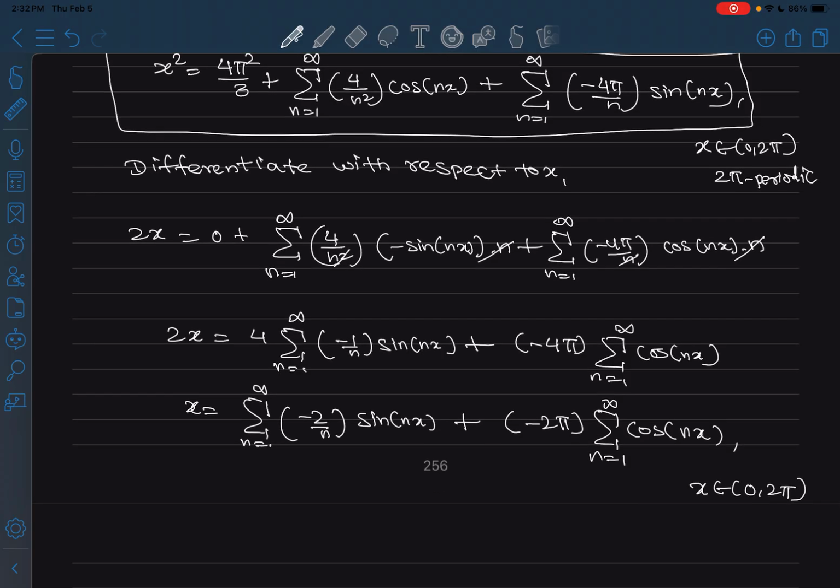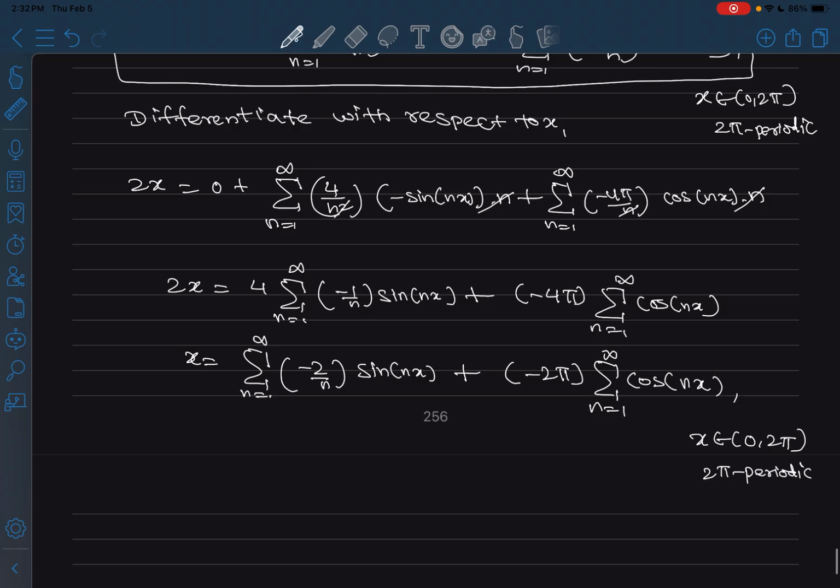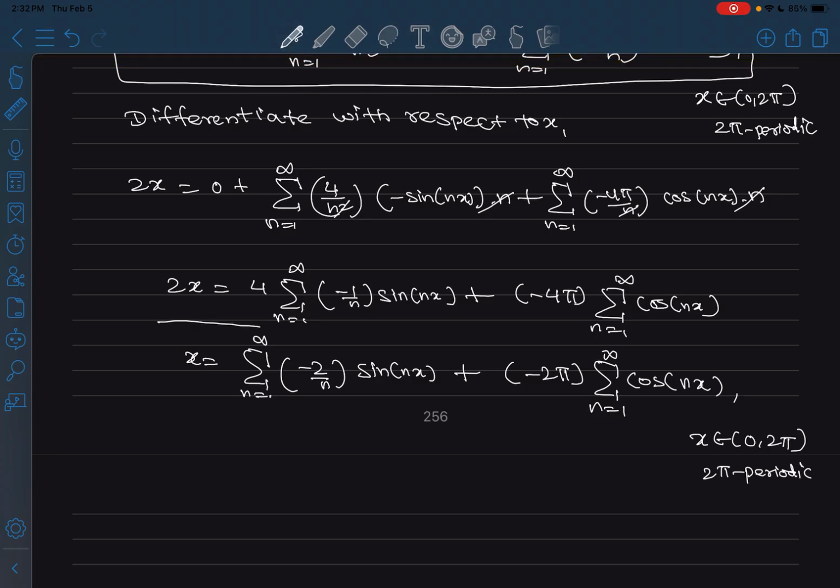Note that x cannot be just 0 or just 2 pi, because at those points the point of convergence can be different, and that's why I'm giving round brackets. Okay, so we found the series for x over here.